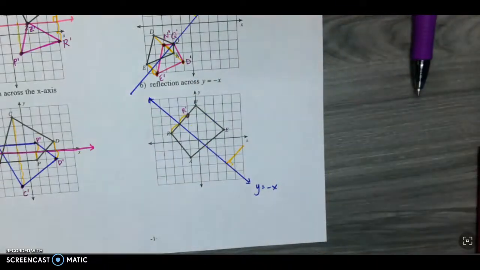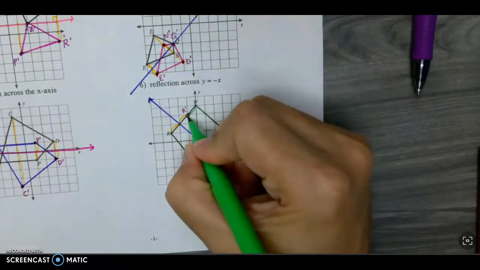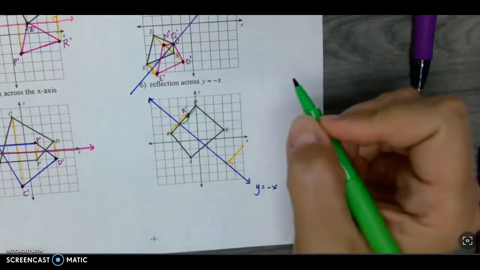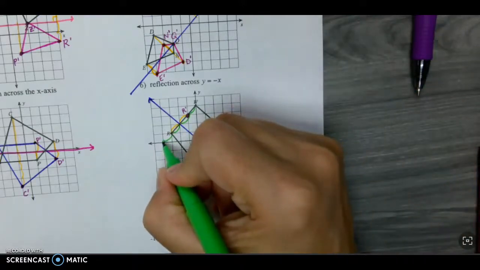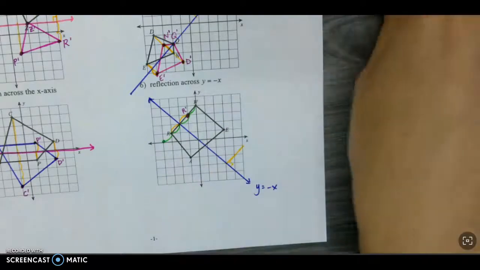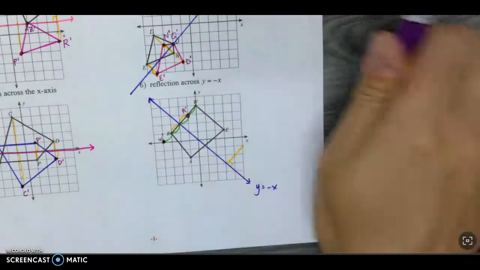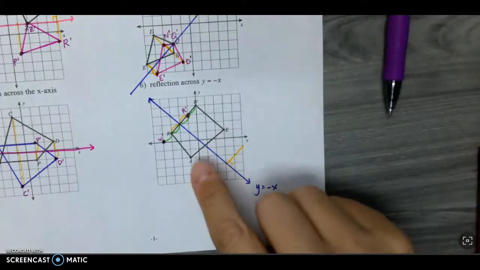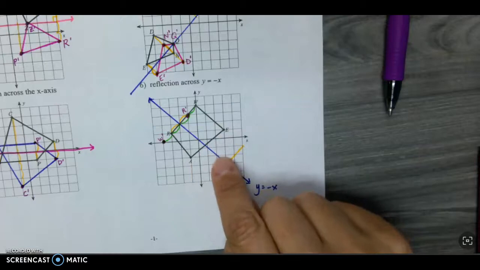For W, I'm going 1, 2. I'm 2 away from the line. So when I jump 1, 2 away over here, W prime will be here. Okay, now notice that AE is not perpendicular to this line.